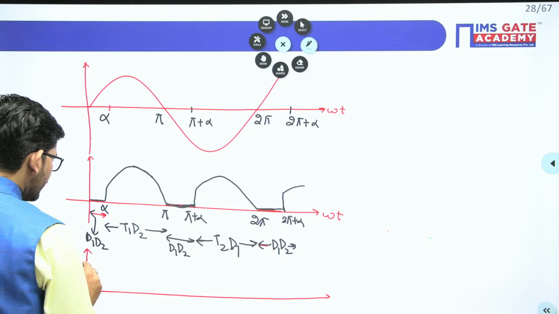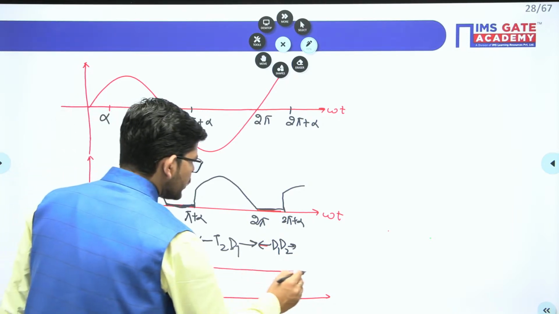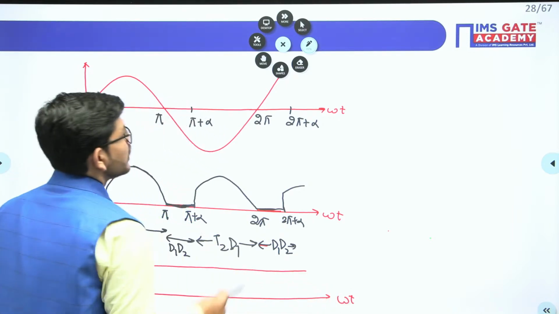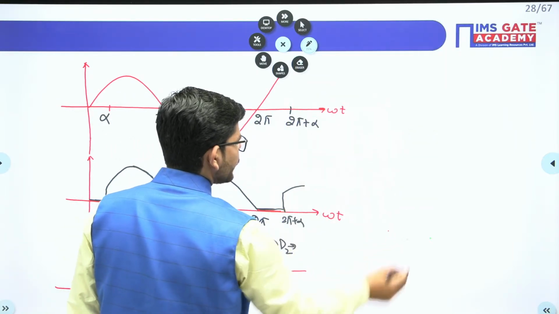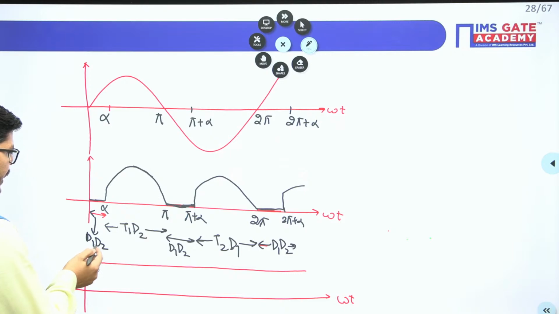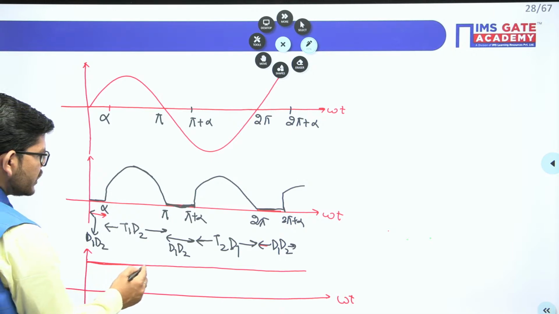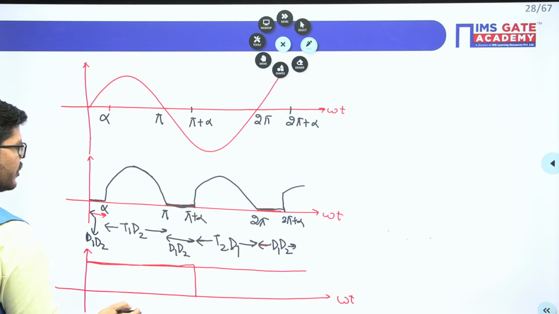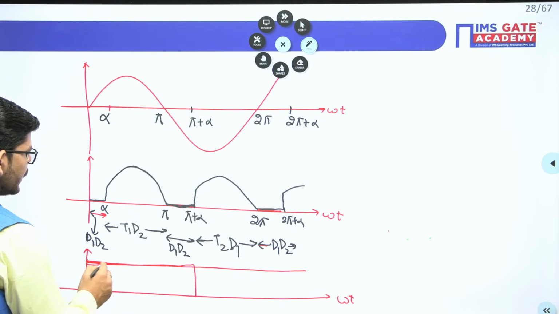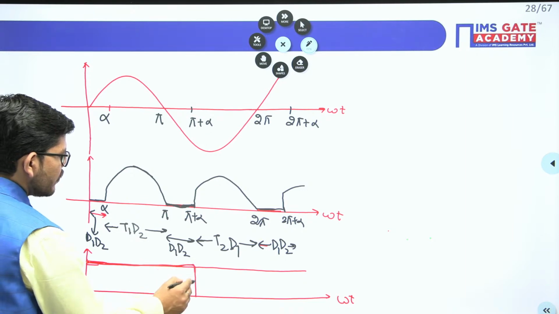If we have the load current which is constant throughout the duration, and if you see the pattern of D2 that we have here, we are getting D2 on from omega t equals 0 up till the moment pi plus alpha. So D2 will be conducting from here to here.